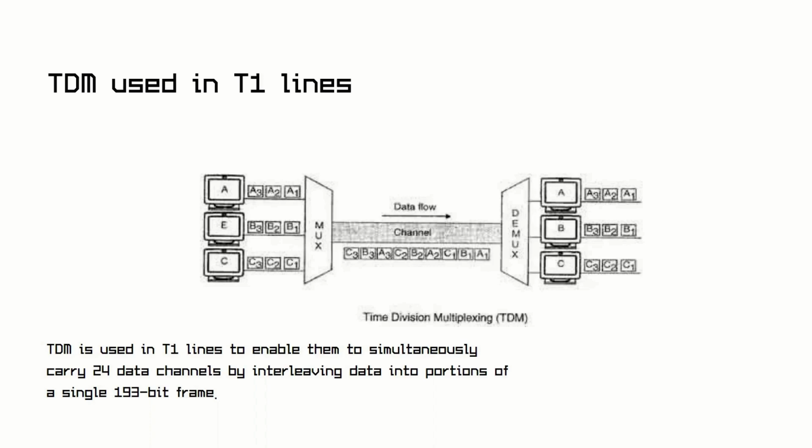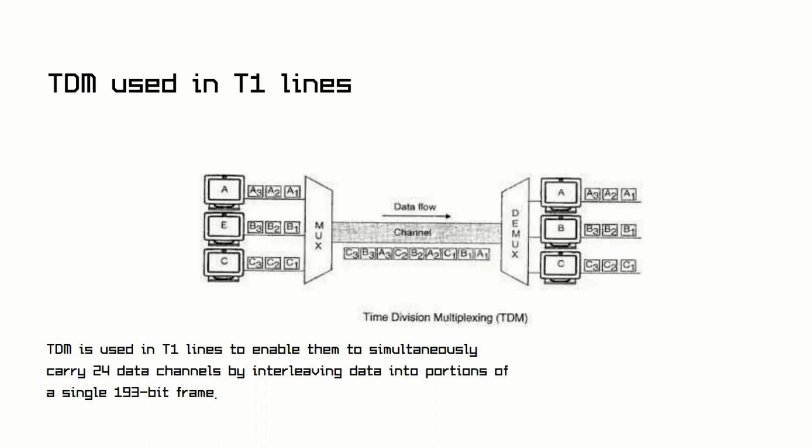For example, bits 1 through 8 represent channel 1, right? And bits 9 through 16 represent channel 2, as shown here, and so on. Bits 185 through 192 will be channel 24, plus bit 193 for synchronization.